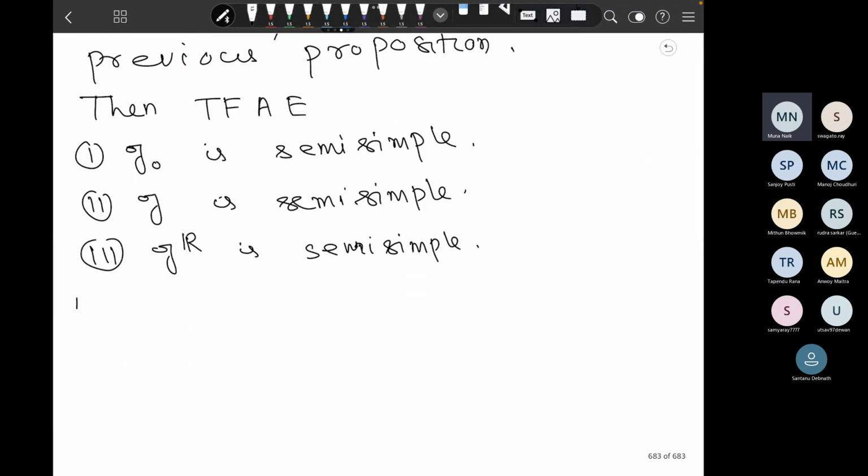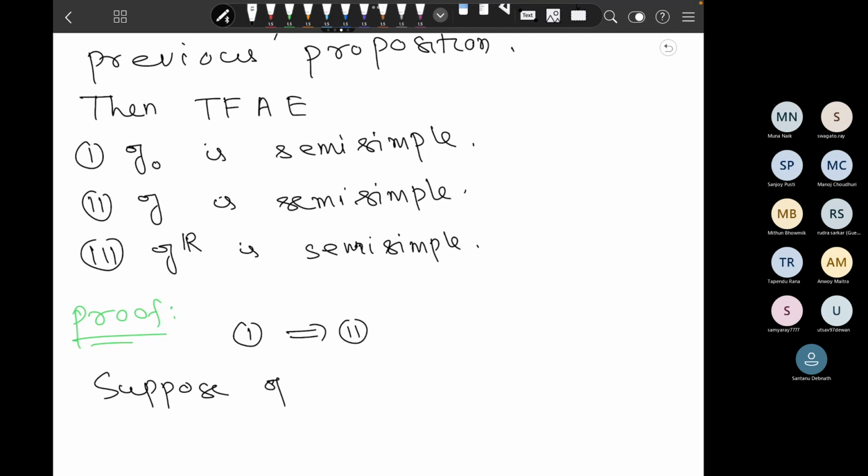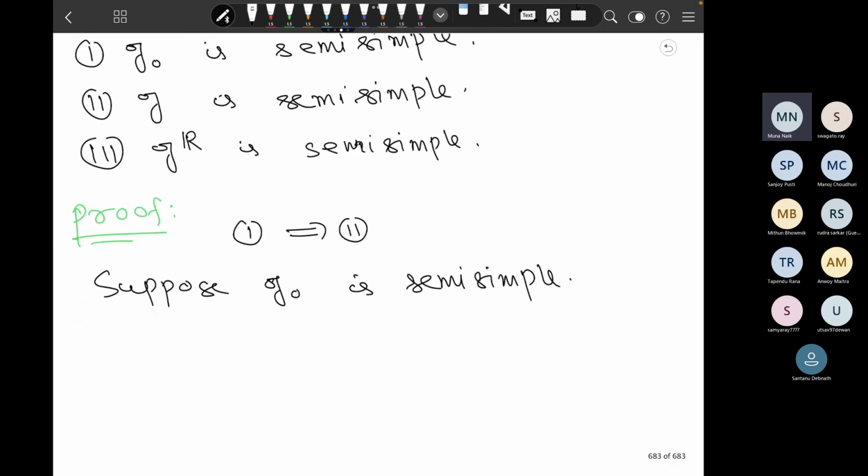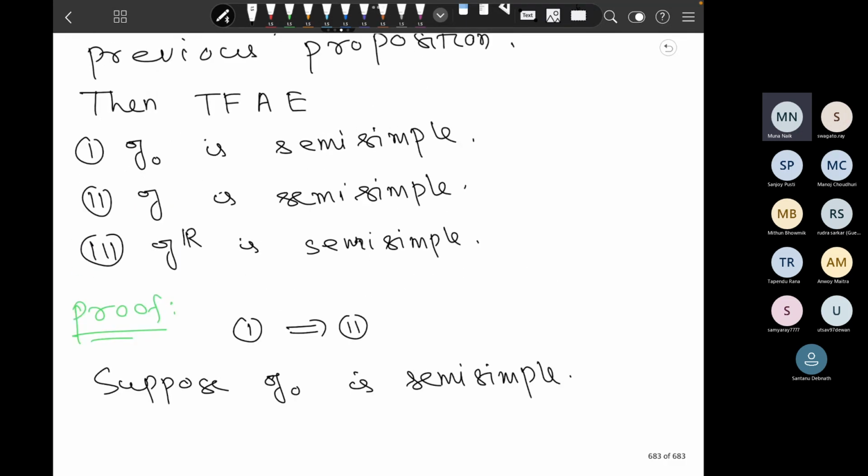Okay, so proof. I want to prove this, 1 implies 2. Suppose G naught is semi-simple. Now I have to prove that G is semi-simple.